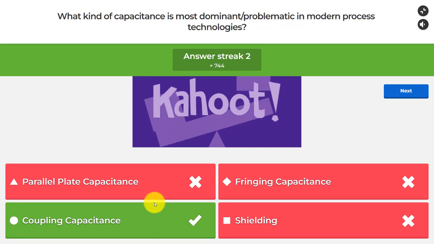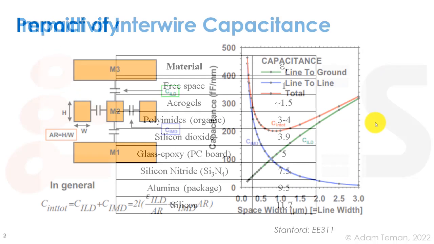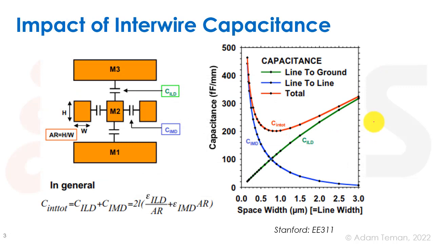So again, going back to our slides, we have the impact of interwire capacitances, and we have all of these different capacitances, where some of them could be capacitance to ground, and we traditionally, especially when we had really old processes that maybe had one metal layer, we would think of a wire as one of these infinite types of plates, and then we get parallel plate capacitance.